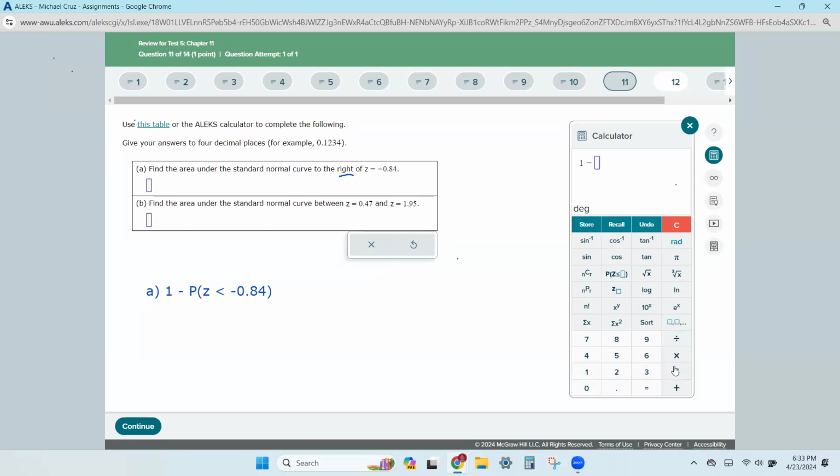Because the calculator and the text, that table, only give us what's to the left. So now 0.7995. It's an area, it's not percent. So watch that, don't multiply it.